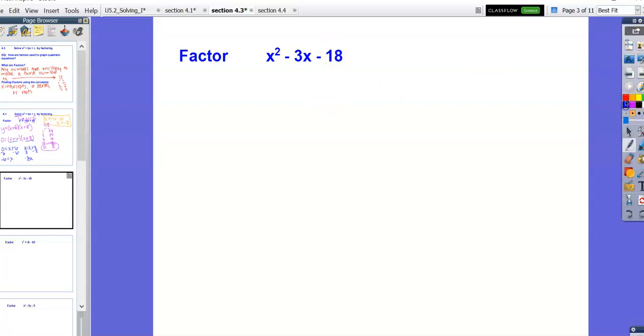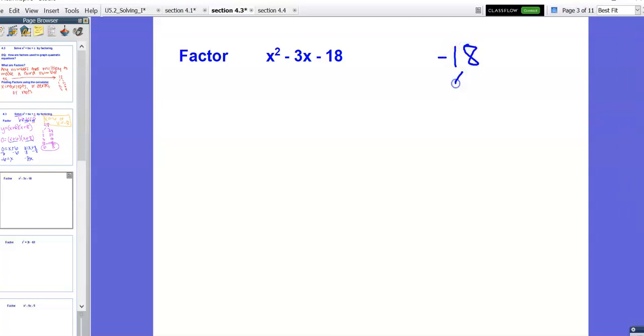So I'm going to factor the number negative 18. 1 times 18 makes 18. Again, you want to give the bigger number the negative sign because our middle term is negative. So 2 and negative 9 is next, and then 3 and negative 6 is last.